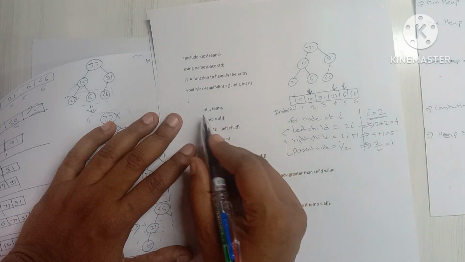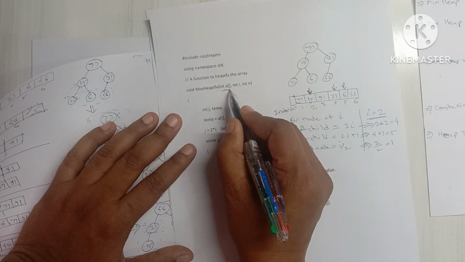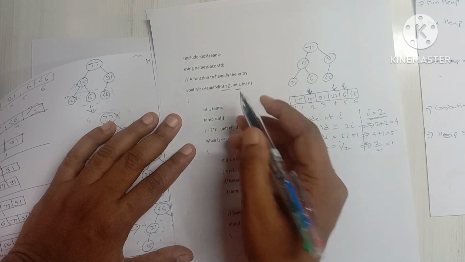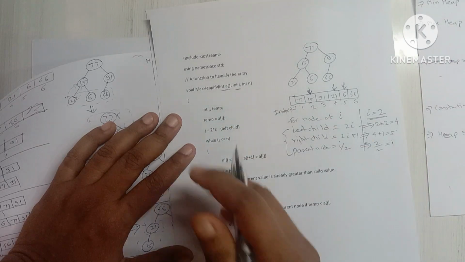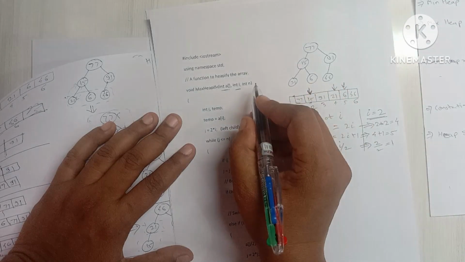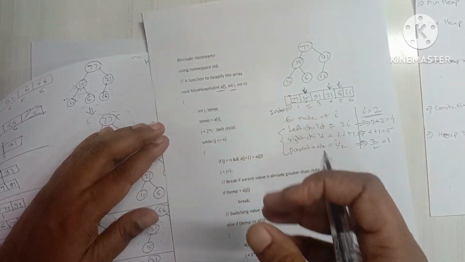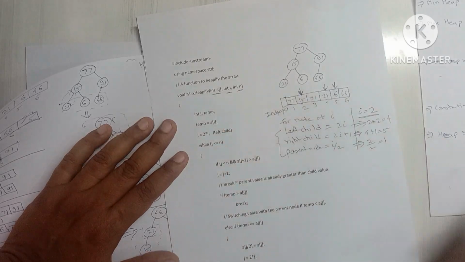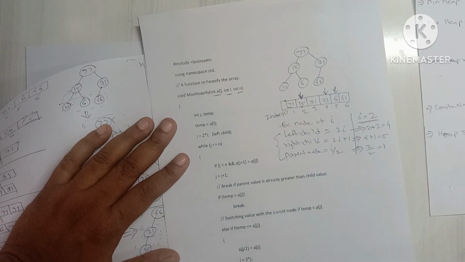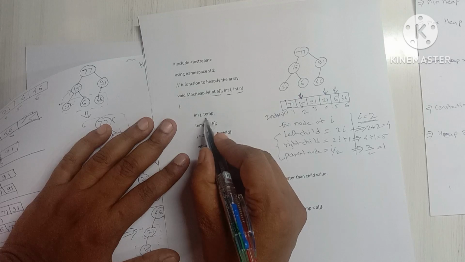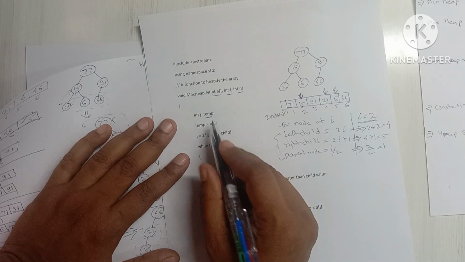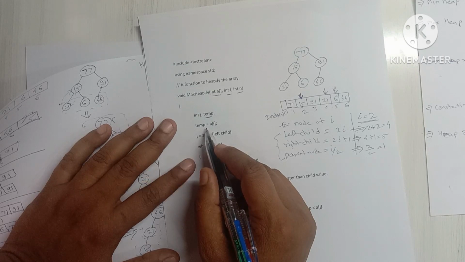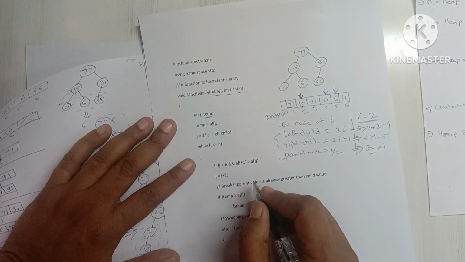Okay, so let's see this heapify method. We are passing the array where we are storing the elements, then we are passing I, the element for which we are calling this heapify method, and then n, the number of elements. Here we have taken a temporary variable where we store which element we need to process.